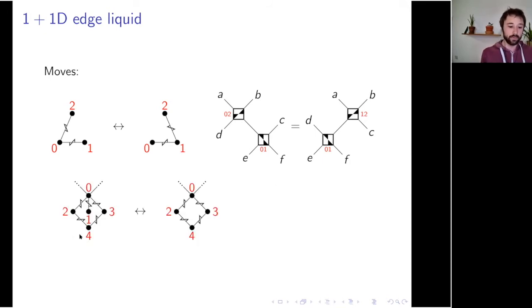Another move I have to introduce is a move that allows me to get rid of a dangling edge, so an edge which has an endpoint that is not connected to anything else. And if I impose the tensor network equation on the right, this implies that I can do this deformation on the cellulation that I've shown you on the left.